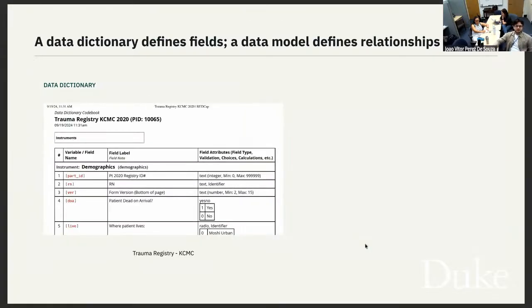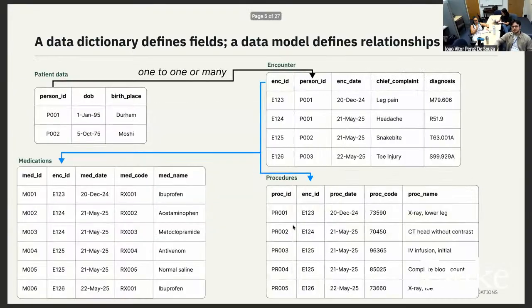A more practical example for a data dictionary is when you have a study in REDCap or in any other data collection form, and you have this PDF, for instance, with the definitions of the variables. This is an example from the trauma registry at KCMC. Many of you might be familiar with this data set. And then you have all the specifications. But when you talk about a data model, you actually go deeper, and you cannot have this in a single file, in a single dictionary anymore, because there are different relations between your data.